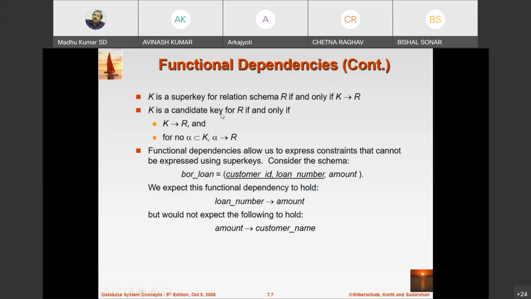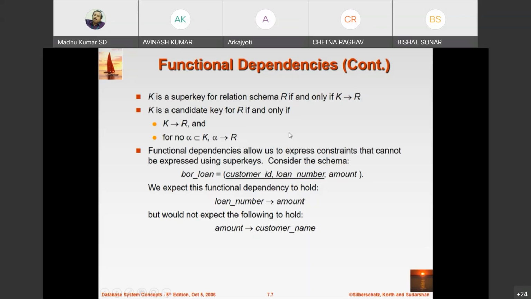K is a candidate key for R if and only if K determines R, and for no proper subset alpha of K can determine R. Okay, so if alpha determines R, and if no proper subset of alpha can determine R, then we say that the dependency of R on alpha is full.